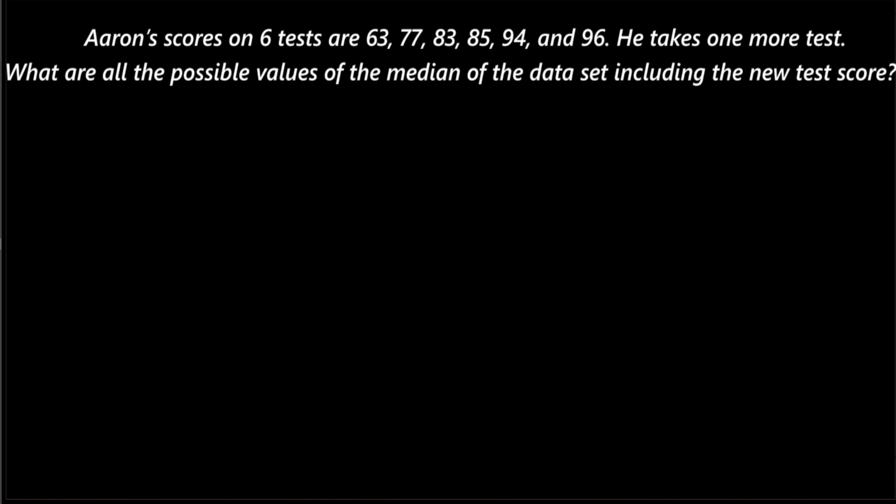So let's call this variable t, the new test score is t. And then wherever I'm placing a line is where it can be. There is also less than 63. I did forget to include that.